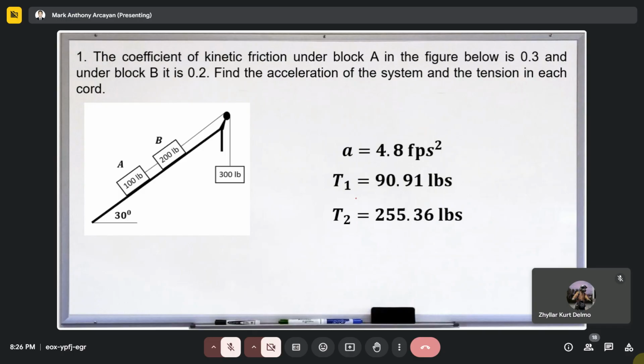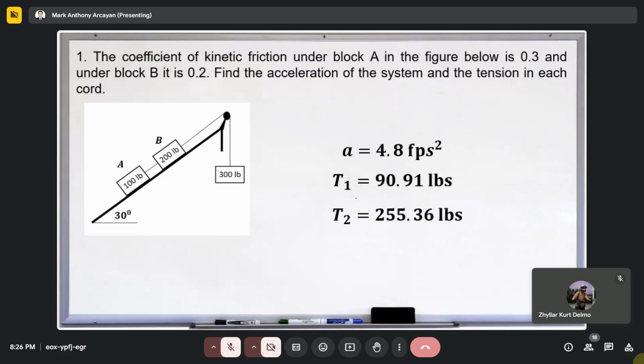The coefficient of kinetic friction under block A in the figure is 0.3, and under block B is 0.2. These two blocks have different coefficients of friction. Now, the goal here is to find the acceleration of the system and the tension in each cord.